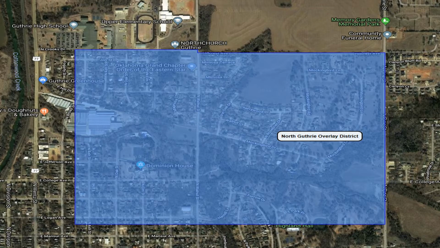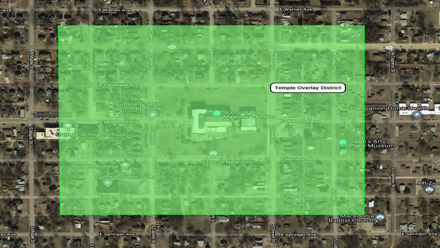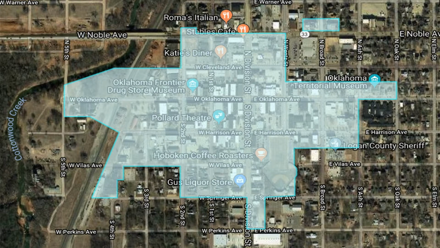Hopefully when we describe them and do the maps, they don't overlap. That's what we need to refine. If you were good with the boundaries and had a chance to look at the districts, then we can get some formal maps and legal descriptions worked up, but we wanted to make sure there weren't any changes required.